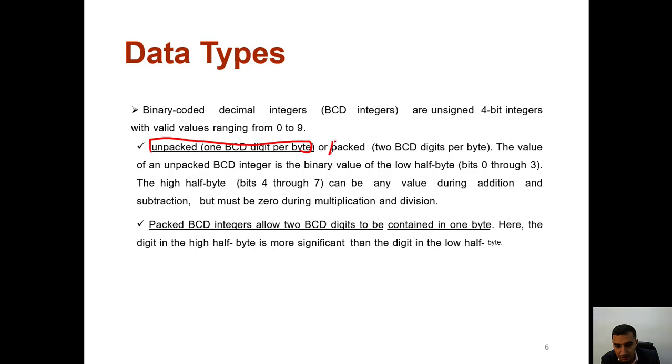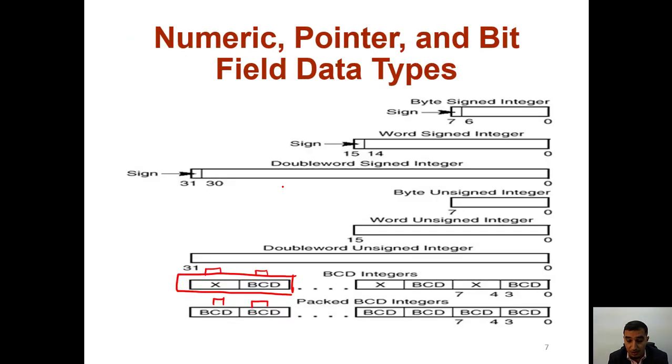For packed, it is 2 BCD digits per byte. The value of the unpacked BCD integer is the binary value of the lower half. The higher half from 4 to 7 can be any value during the addition or subtraction. The packed BCD integers are allowed to have 2 BCD numbers inside the byte, as you can see over here.